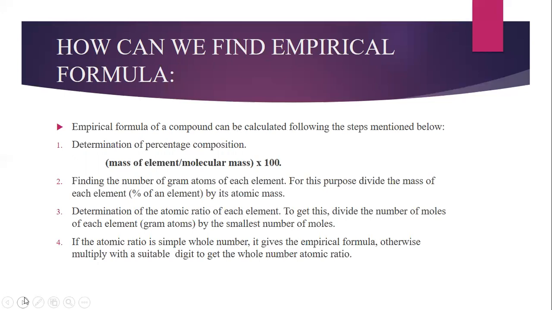To get this, divide the number of moles of each element, which we call gram atoms, by the smallest number of moles. And step 4, if the atomic ratio is a simple whole number, it gives the empirical formula. But if it is not a simple whole number, then multiply it with a suitable digit to get the whole number atomic ratio, and then assign the empirical formula.